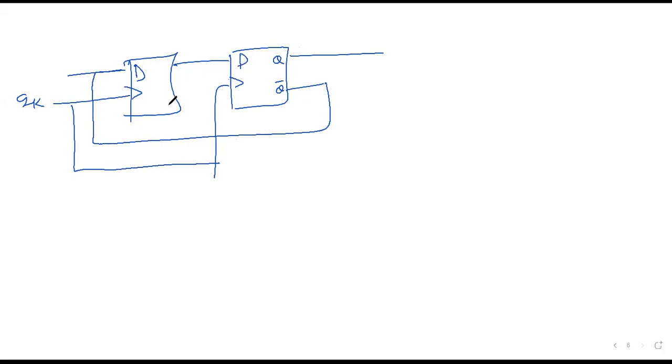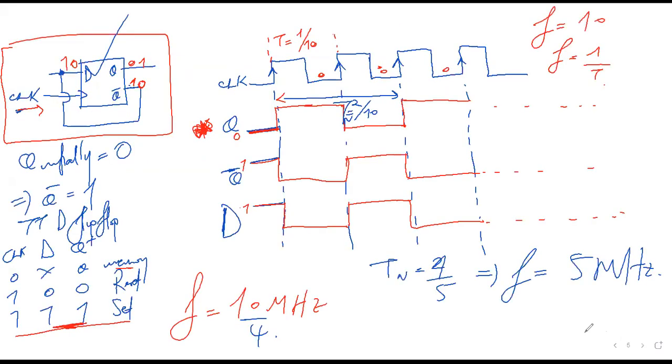All right, if I have something like this, the output here will be the frequency divided by 4. If I add another one, by 6, and just like that. Application of D flip-flops in the frequency divider. This is one of how you can apply. This is why we are doing these flip-flops.